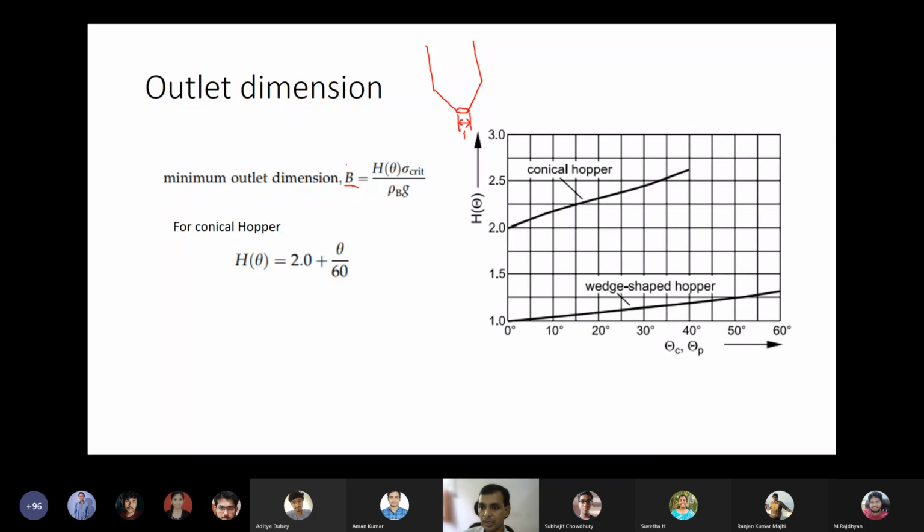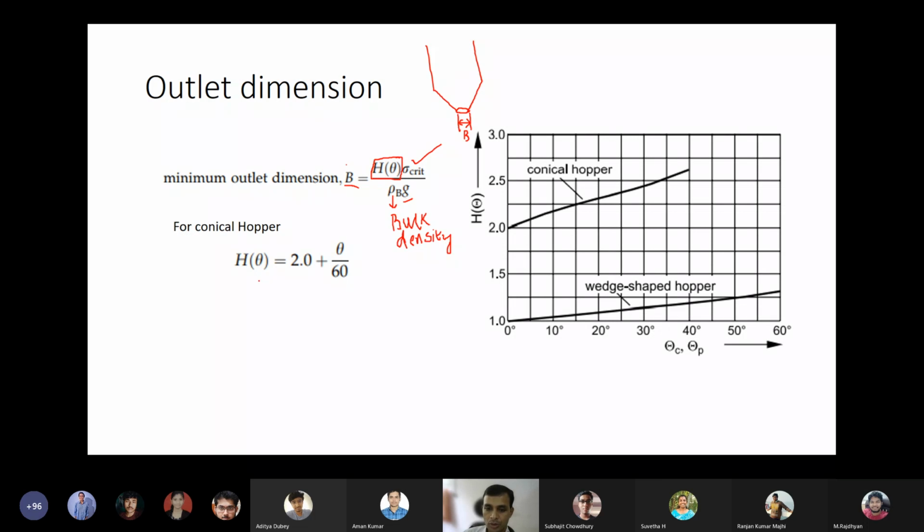So this is B. B equals H of theta into the critical unconfined yield stress by bulk density, into G. We have an unknown parameter here, because in the previous slide we saw how to calculate sigma critical, the bulk density we can find out from the powder properties, and we have the G value.